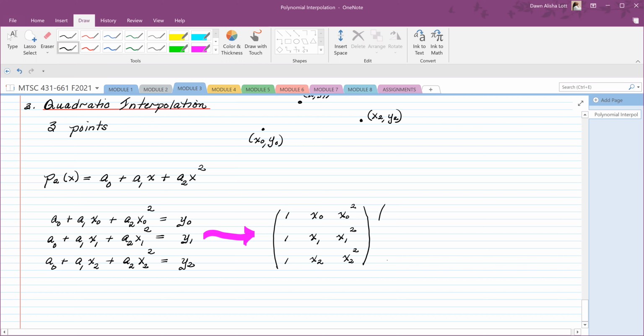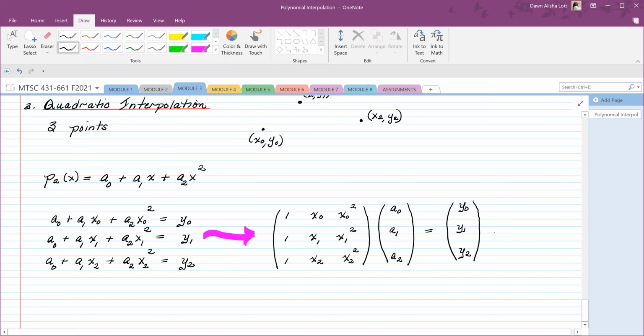That is multiplying by a0, a1, and a2, and that is equal to y0, y1, and y2.